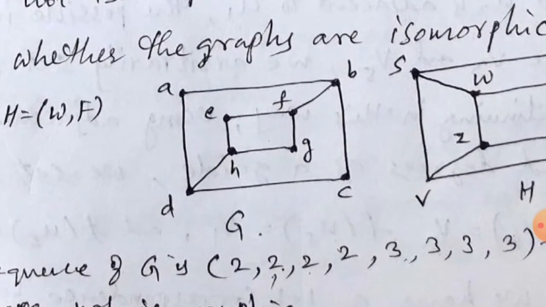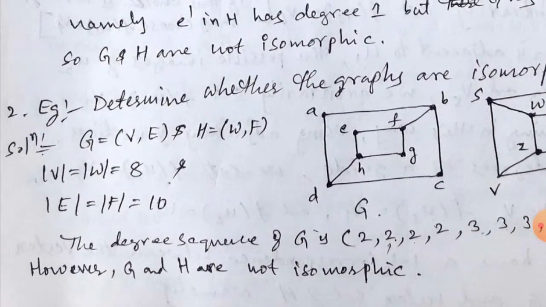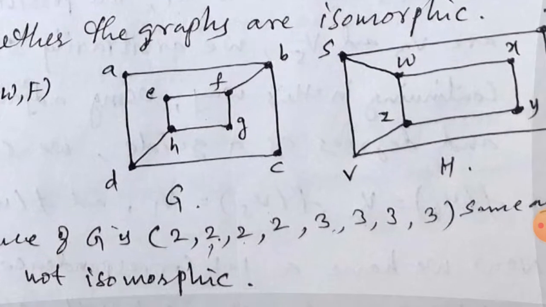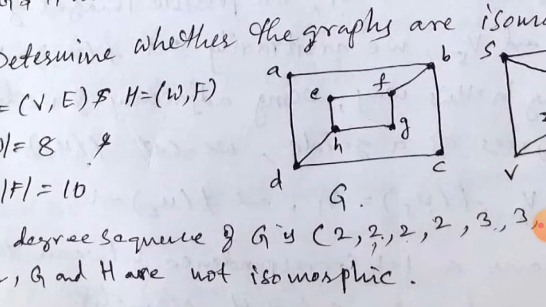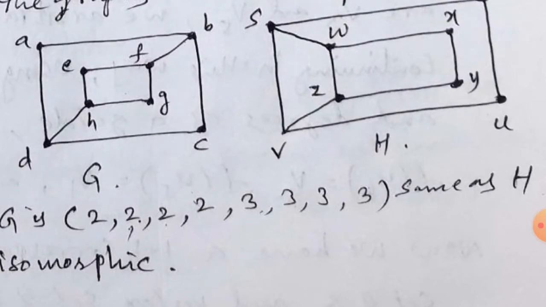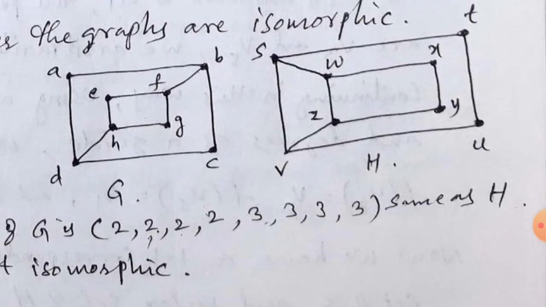Now count the number of edges in each graph. 10 are there. Now observe the degree sequence of G. How many vertices are there? We have 8 vertices. A has degree 2, C has degree 2, E and G have degree 2, and the remaining B, D, F, H have degree 3.